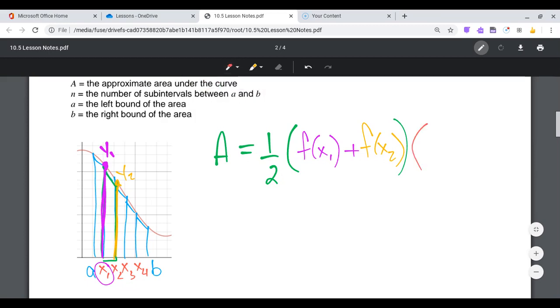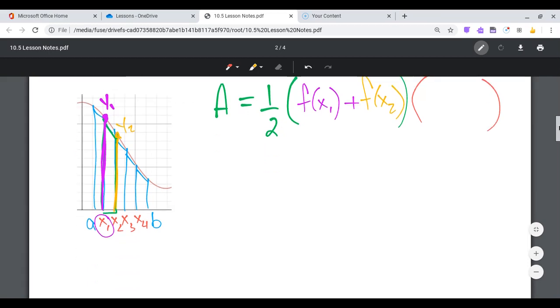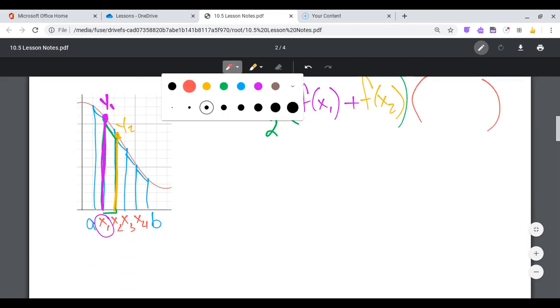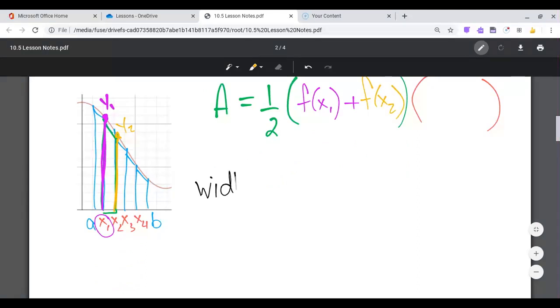That last piece is the width. So this is similar to what we did with the rectangles. In order to find the width of every trapezoid, I need to take my interval from b minus a divided by however many trapezoids I have, or rectangles.